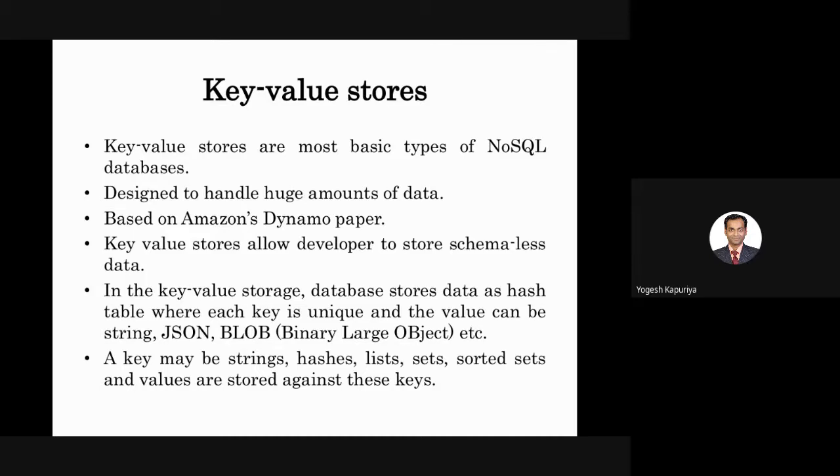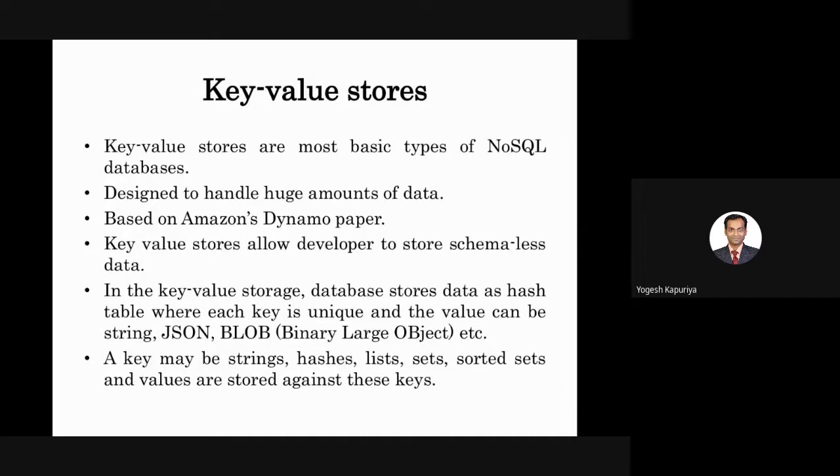When your entire database is structured in this format, it can be called a key value database. These are the most basic type of NoSQL database, and interestingly, the theoretical concept behind this is used in document-oriented databases as well. But this was the first version of NoSQL database which was introduced.